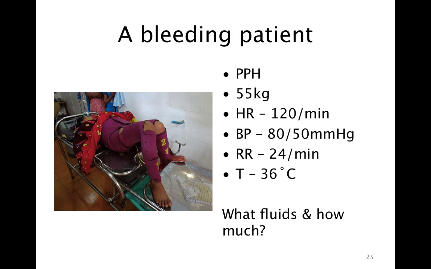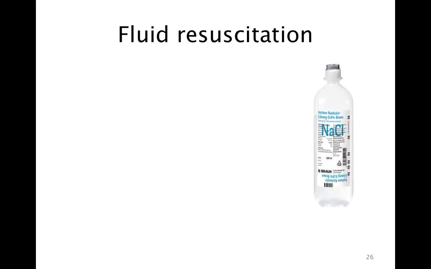This patient has signs of shock because she is tachycardic and hypotensive. This needs immediate attention. Fluid resuscitation in bleeding patients starts with the insertion of at least 2 large bore cannulas.